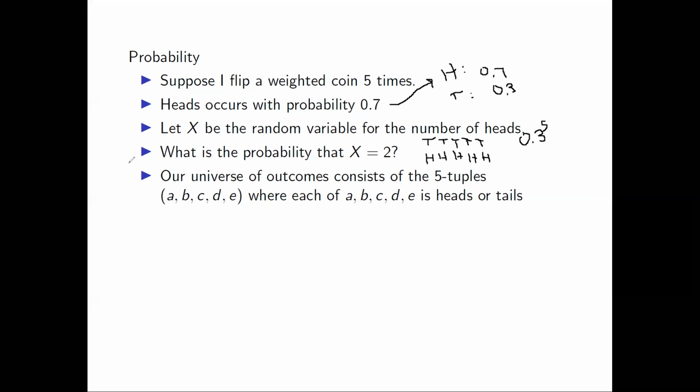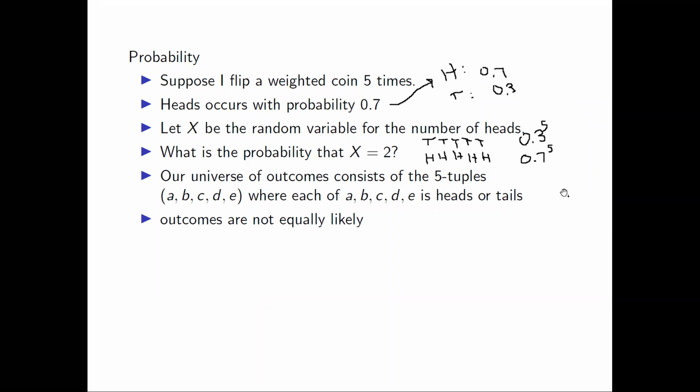And the probability that all of them are heads is going to be 0.7 to the fifth. So they're not equal. So 0.3 and 0.7 are not equal. And when we raise them to powers, they continue to not be equal. So we can't calculate it the same as we calculated last time. They're not equally likely outcomes.